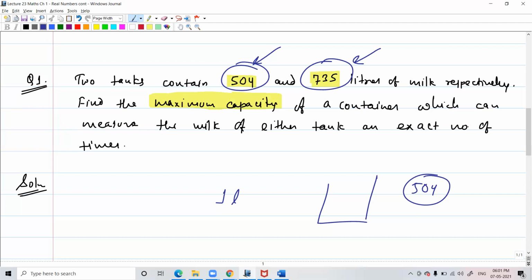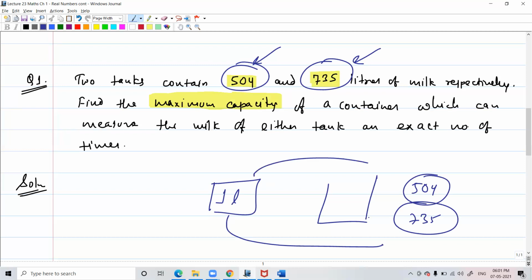It will measure 735 times, because it is 735 liters, and each time you will be able to measure 1 liter. So it will measure both of them in 504 and 735 times. So this would have been the perfect way. But they are saying the maximum capacity, not just this 1 liter.